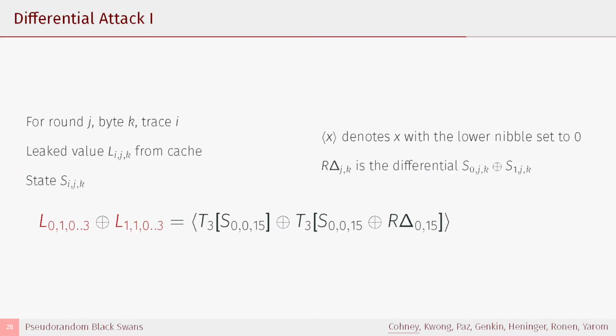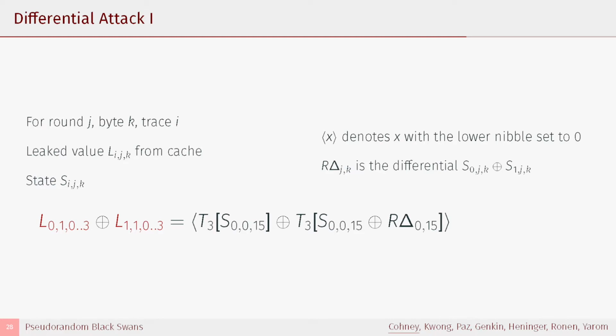This is what pops out the other side, and let's take this opportunity to break it down. In this graphic, L are cache traces that we take from each round, with the first index indicating the ith trace, the second index indicating the round, and the third index indicating the byte number. The superscript 3 under the T indicates that we are accessing the third T table.